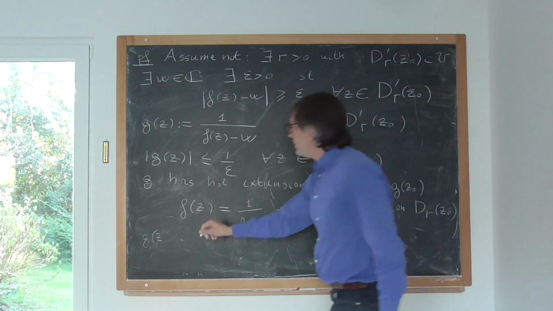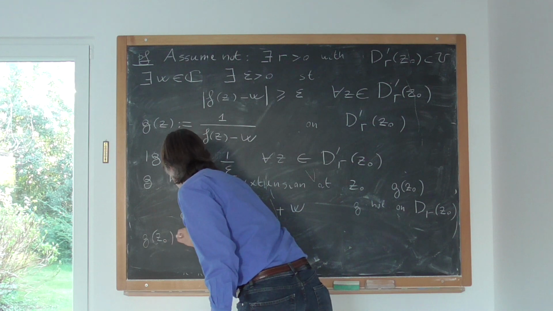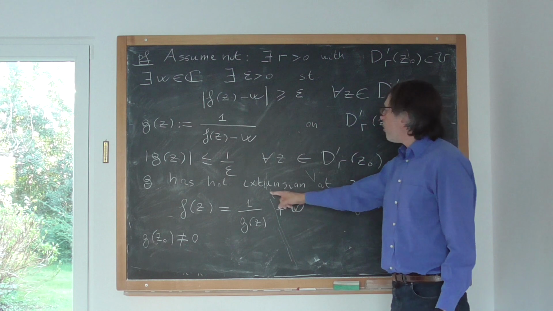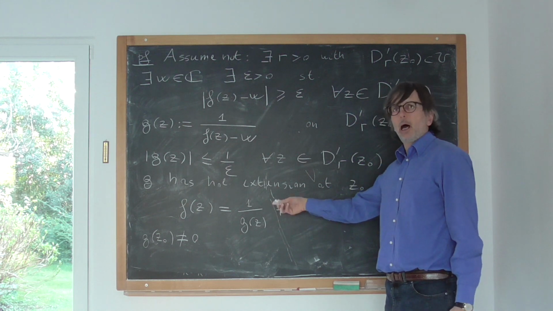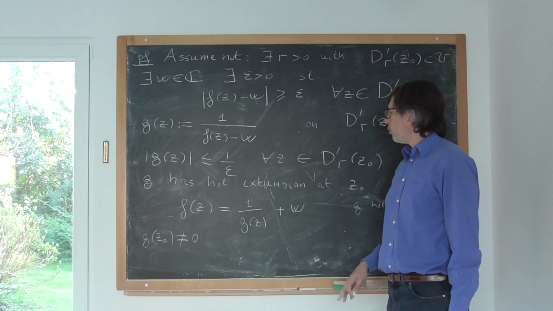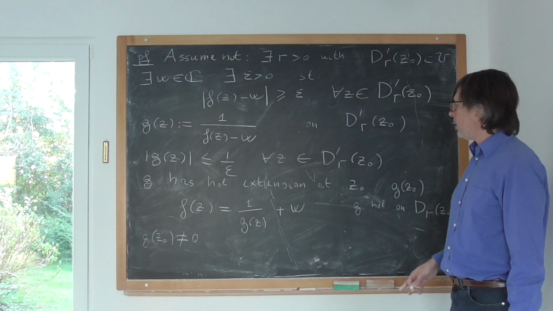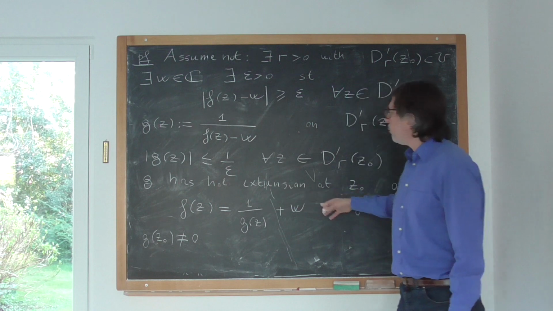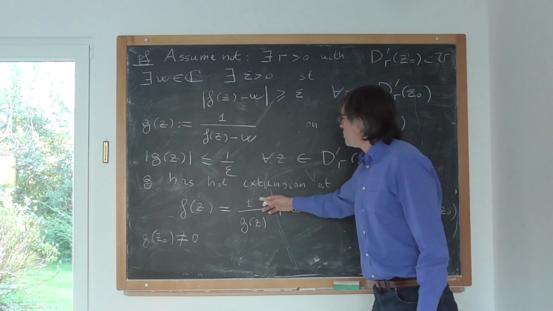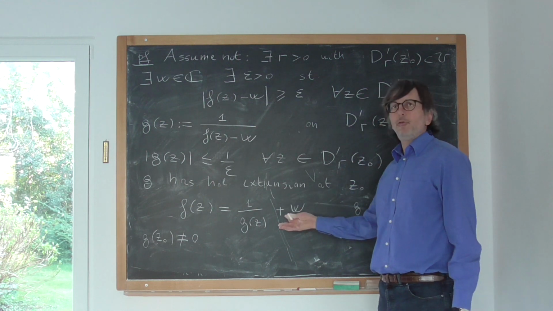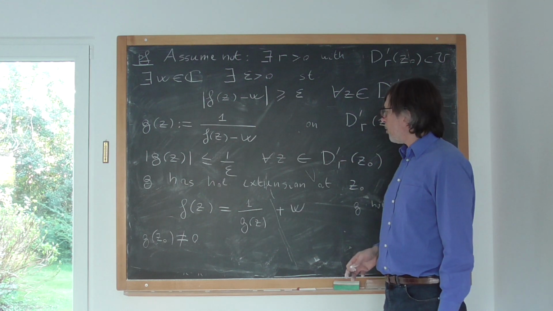So either G at Z0 is non-zero. Well, if this is non-zero, 1 over G is actually a nice holomorphic function near Z0. And therefore, this f, now it's 1 over g plus a constant, is holomorphic everywhere.